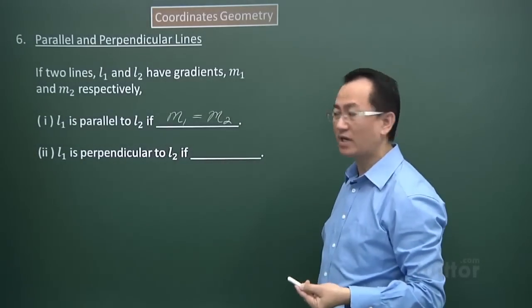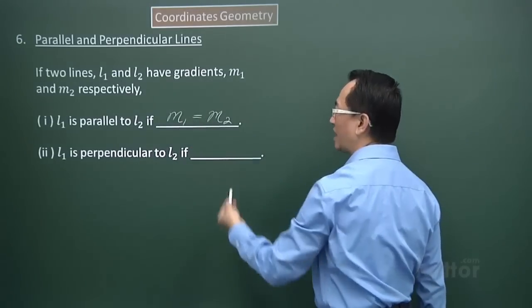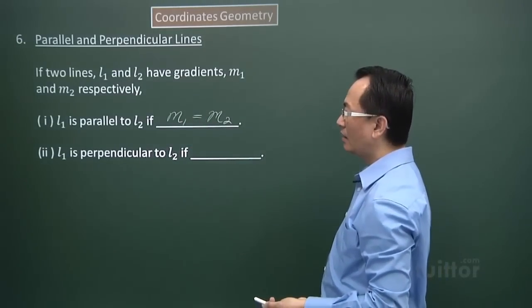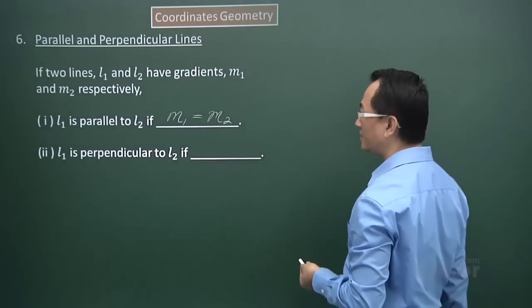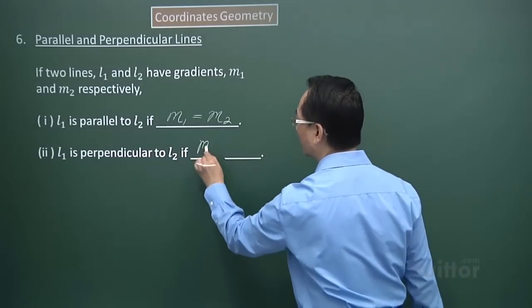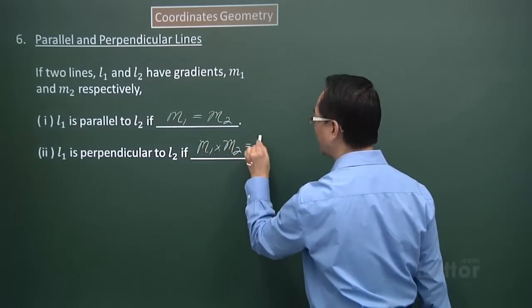If the two lines are parallel, then their corresponding gradients must be equal. If the two lines are perpendicular to each other, then the product of the two gradients must be -1.